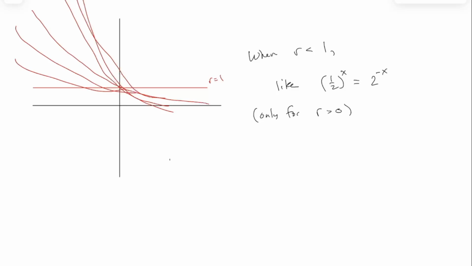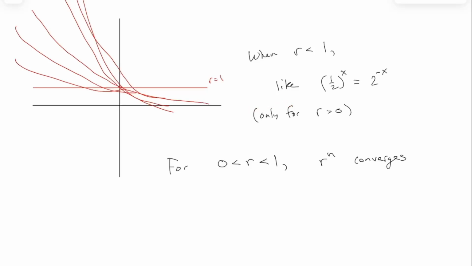But for r in this range, it looks like one of those curves up there. r to the n converges, right? Remember, converges means as you go out to the right, these values actually do approach something. And what do they approach on these curves?